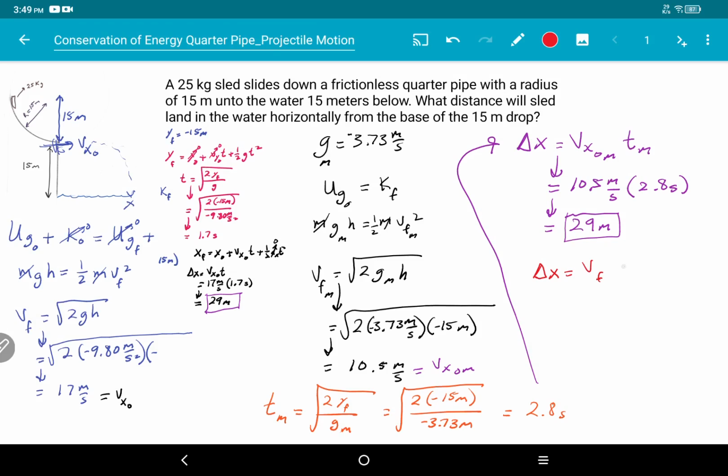We also know that the time is equal to the falling time. And if you look back to the left here, you can see the equation. So V final is the square root of 2gh, and we could put g of Mars or any g of any planet, any height, times the time, which is the square root of 2y final over g.